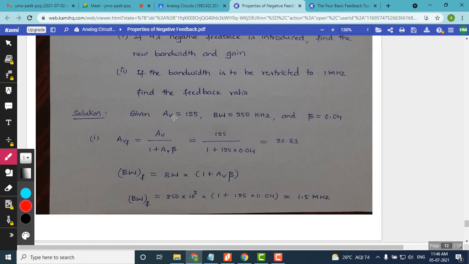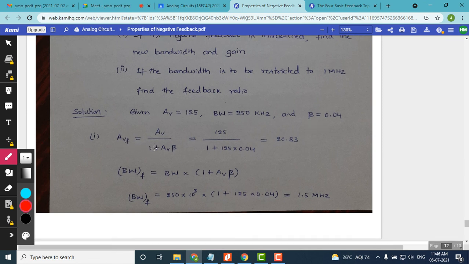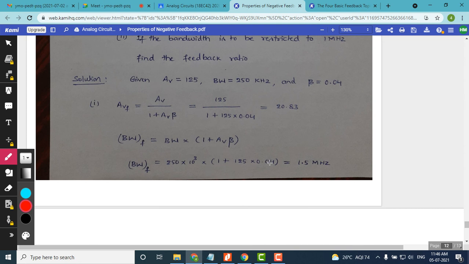You can solve it by substituting this Av, bandwidth and β. You can calculate gain with feedback, then you can calculate bandwidth with feedback, which is going to be 1.5 megahertz. This is with feedback, and without feedback, it is 250 kilohertz here.